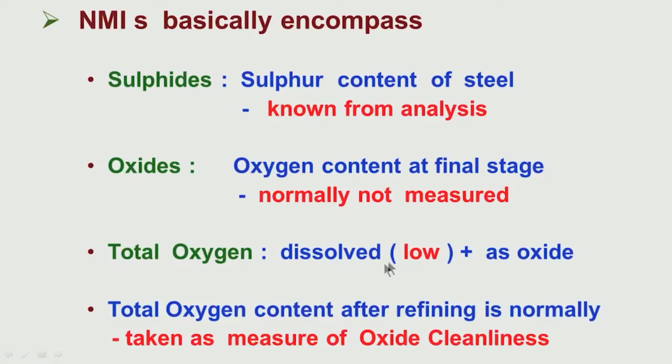Oxygen is present either in the dissolved state or as oxides. I have mentioned that dissolved oxygen is quite high when you have just finished melting the steel in the BOF or electric arc furnace, as high as 500, 600, 700 ppm, but we do deoxidation.